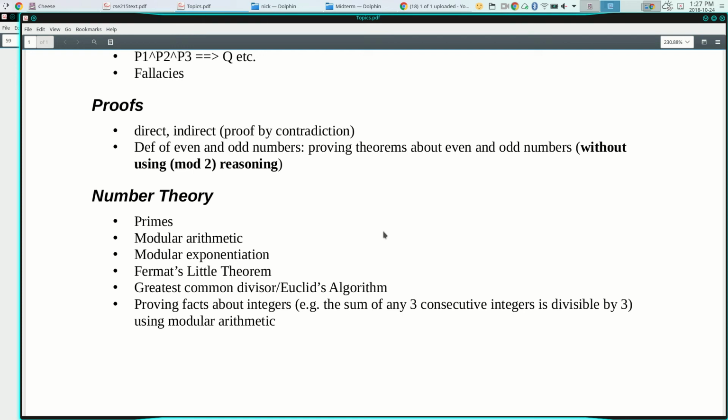Looking at the exact same thing. Do you want to write this one out? An even number times an odd number is always even.